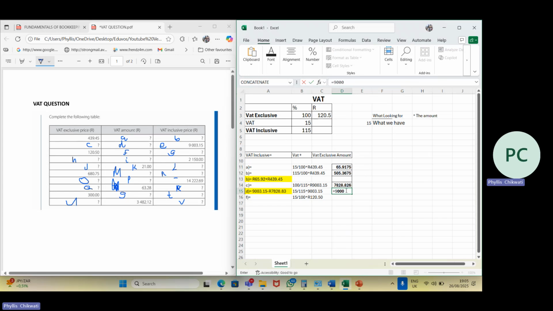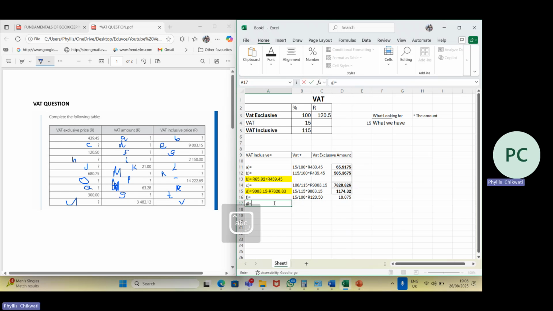So let's fix this quickly. 9003.15 minus 7828.83. So I'm going to say my 15 divided by 100 multiplied by 120.50. That should give me my VAT is 18 rand and 8 cents. So let us just do G.